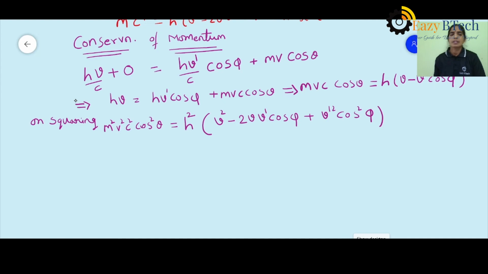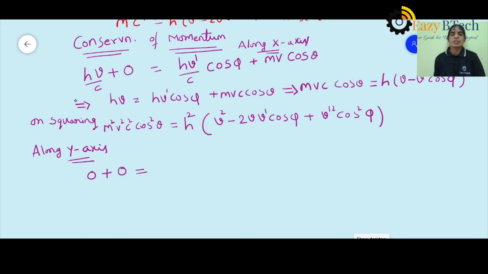So now I am going towards the y direction. All this we have represented along the x direction, so we will just mention that along the x-axis to have a little clarity. Now I'm going to look at the y-axis. Along the y-axis, I do not have any momentum before collision because the photon is not moving in the y direction and the electron is at rest.